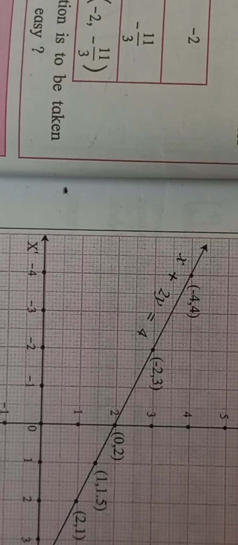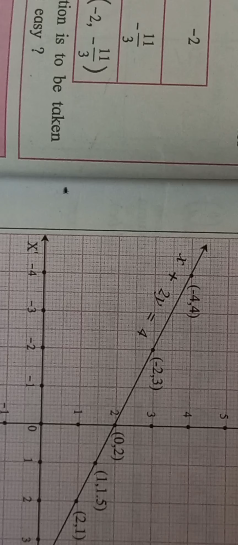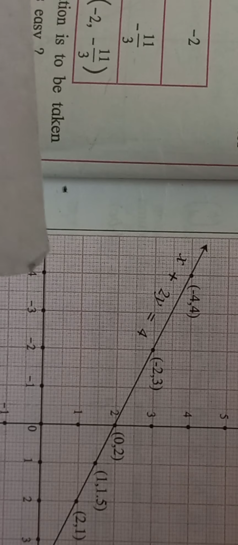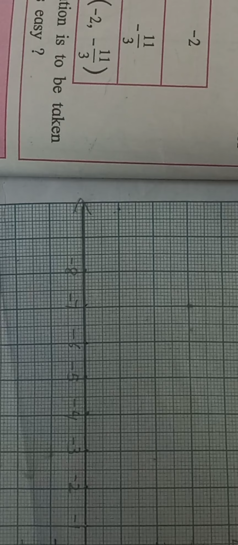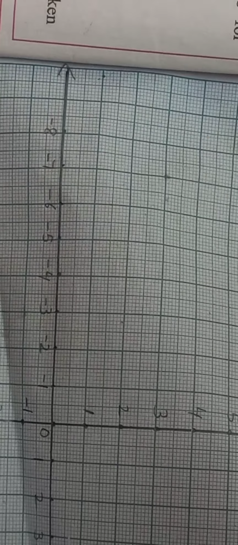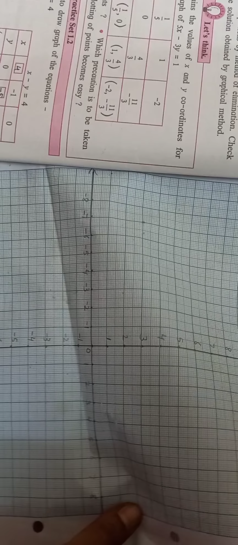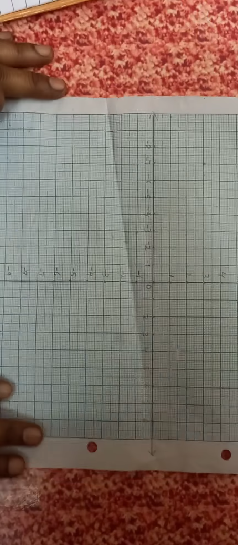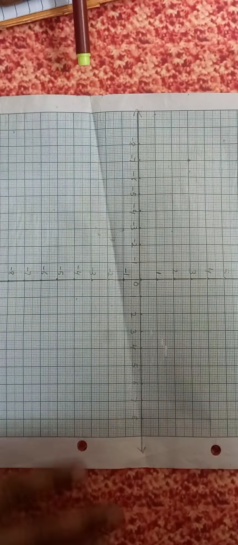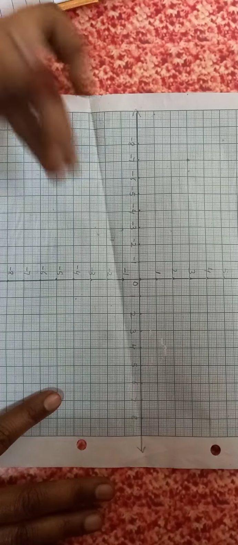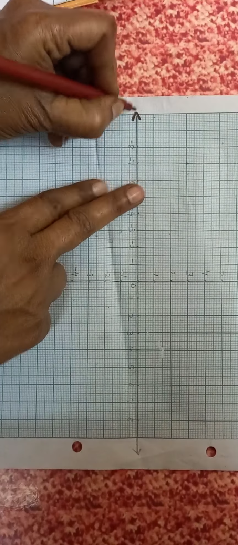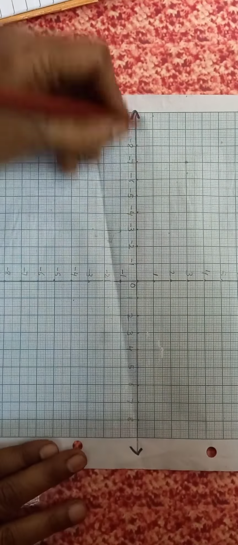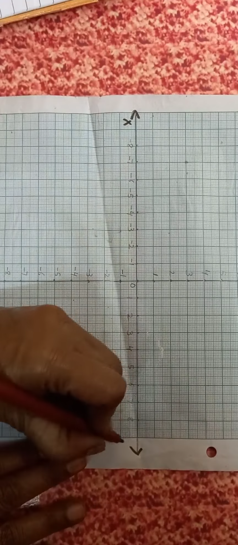Okay. So now, see here, I will just draw. I have drawn x-axis and y-axis here. And what I have to do now? I will name it. We have to name it x dash.